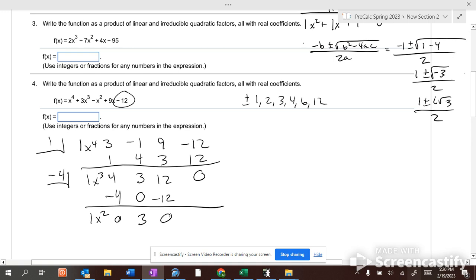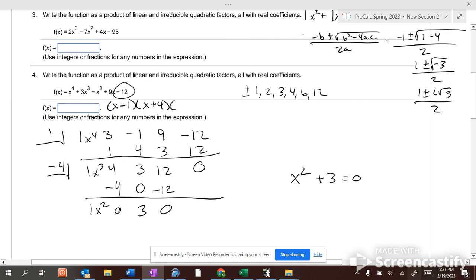So now this was x to the fourth, this was x to the third, this is x squared. So what we're left with is x minus 1, x plus 4, and x squared plus 3. Since x squared plus 3 equals 0 gives us square roots of negative numbers, we can't reduce it. Well, I wonder.